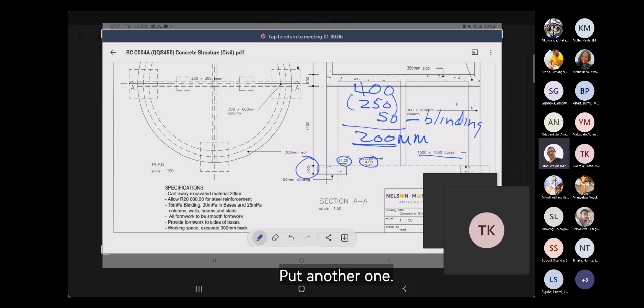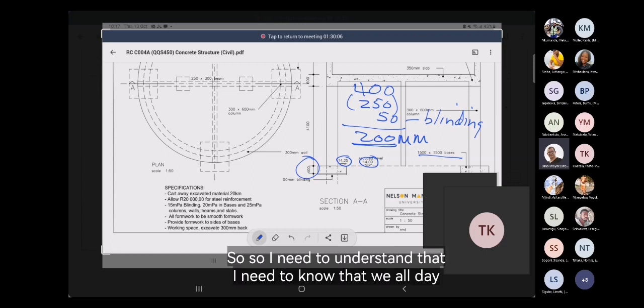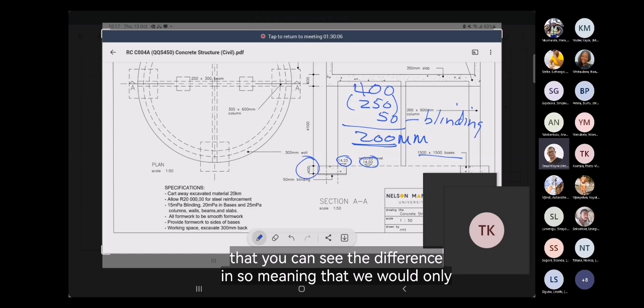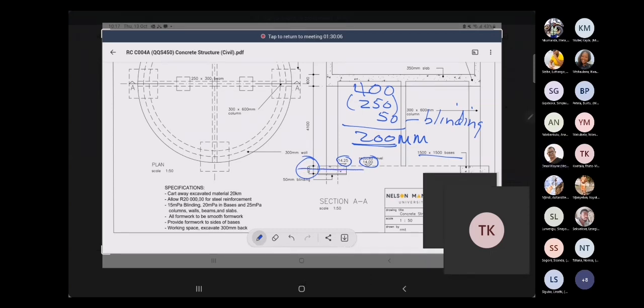Got another one. Right? I need to know that we are there, that we can see the difference. So meaning that we would only excavate that much. Okay?